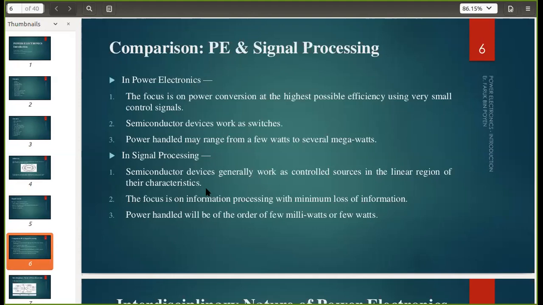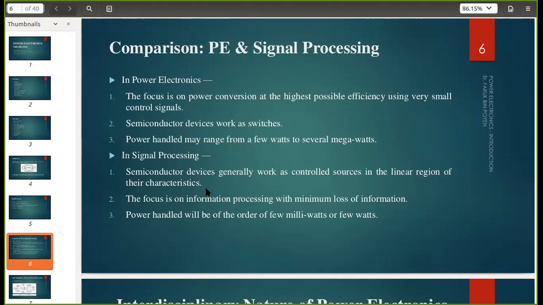Take a MOSFET, a BJT, an op amp, any electronic device; all of them contribute some characteristics. So characteristics play a very important role in signal processing. If the characteristics are non-linear, then whatever processing we do, we may not achieve the proper or desired results.